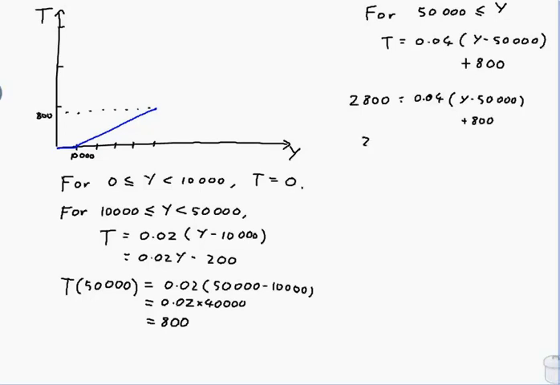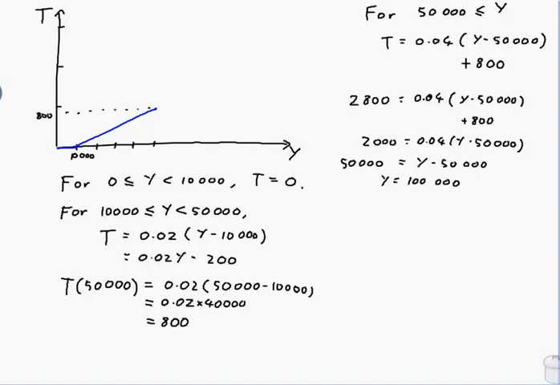Taking 800 from both sides, I get 2,000 is 0.04 times (Y minus 50,000). Dividing both sides by 0.04 gives me 50,000 is equal to Y minus 50,000. So Y must be 100,000.